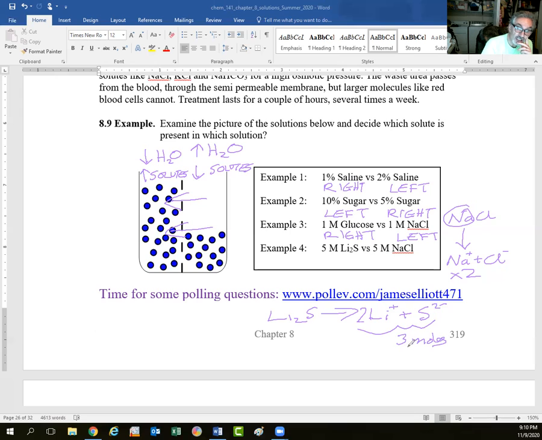There's a higher number of moles, a higher concentration of solutes than the sodium chloride solution. So the sodium chloride is a relatively low solute concentration solution. That's the one which must have been on the right. And the higher solute content of lithium sulfide, that must have been the one that started on the left.